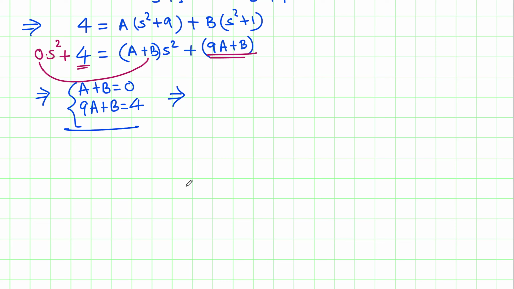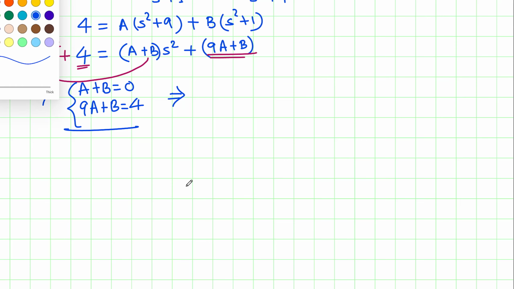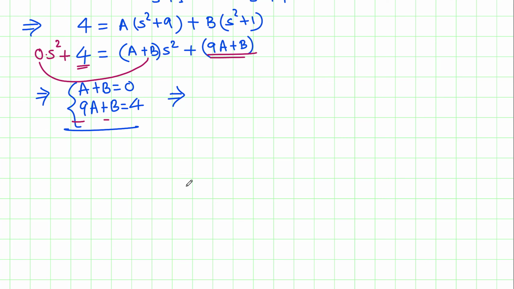I'm just going to eliminate. Subtract the second equation from the first. If we subtract, we just change the signs of the bottom, so b and b cancel. What are we left with? a minus 9a is negative 8a, equals 0 minus 4, which is negative 4. Divide by negative 8. So a is negative 4 divided by negative 8, so 1/2. Or we could have solved a plus b equals 0.